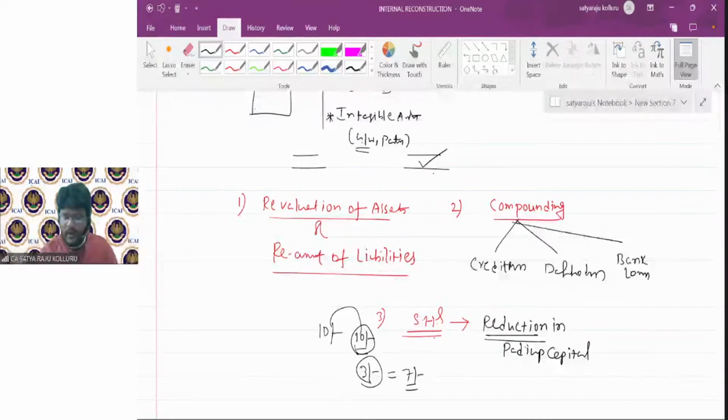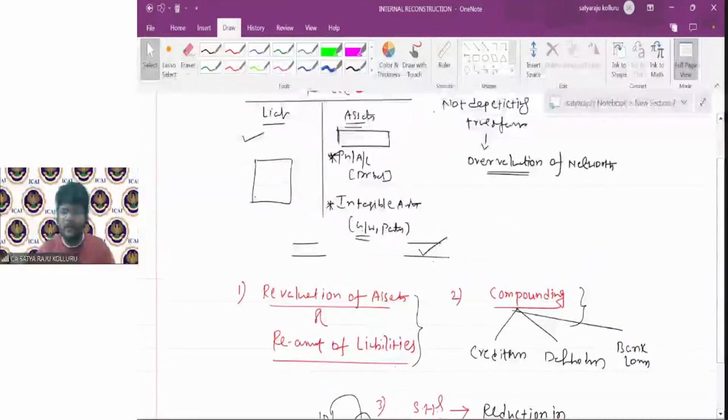Now, due to revaluation and reassessment of liabilities, the compounding activities and the reduction in paid up capital, the company is attaining certain profits. Whatever profits the company attains through the process of internal reconstruction are ultimately utilized to set off the P&L account debit balance, which was accumulated over the past few years.